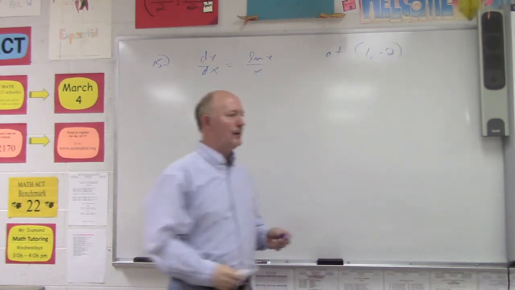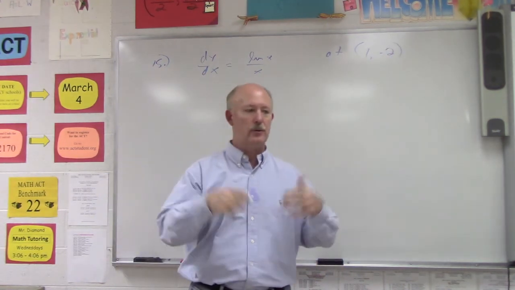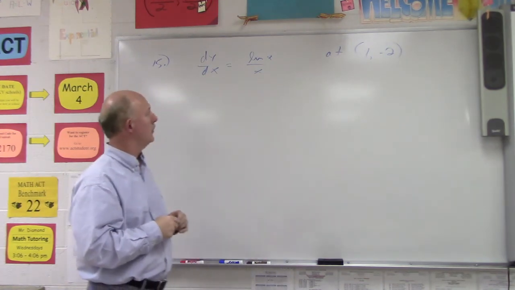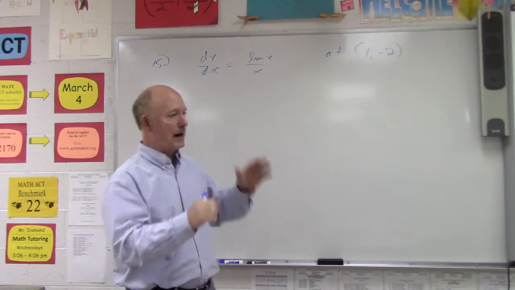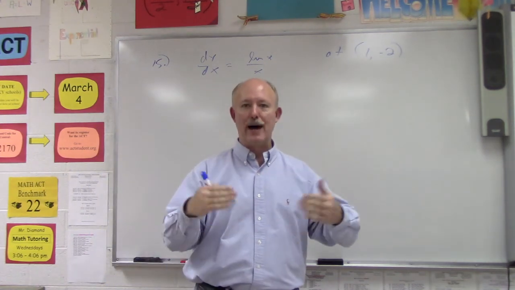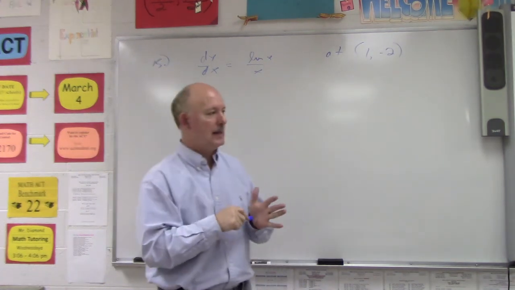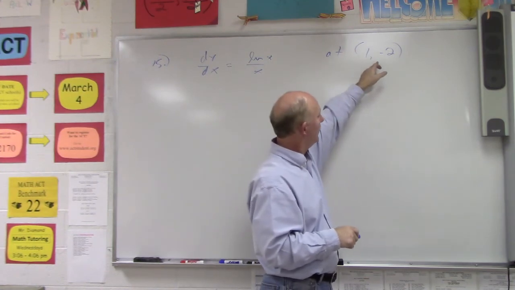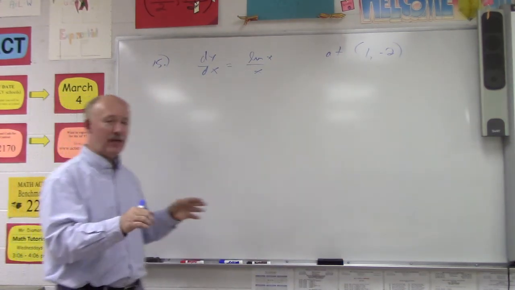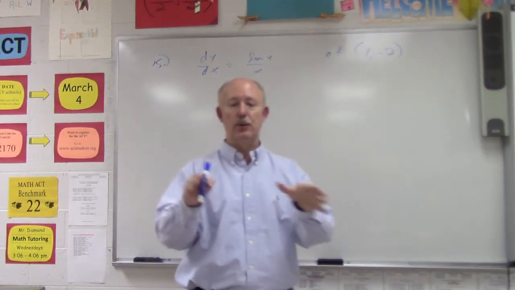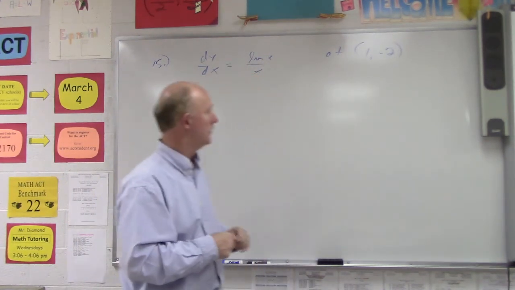My students, we've done enough differential equations that we pretty much know what we have to do. First we find our general solution, and then our particular solution: the equation of the original graph passing through the point 1, -2. That is, we're going to solve for c, the constant of integration.